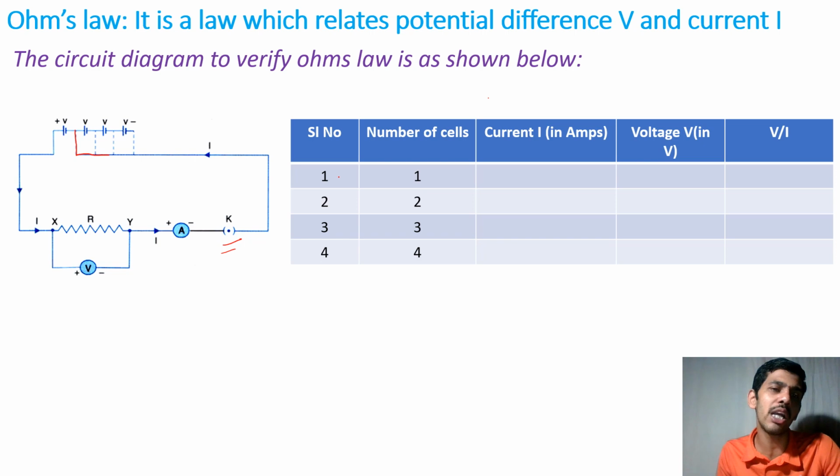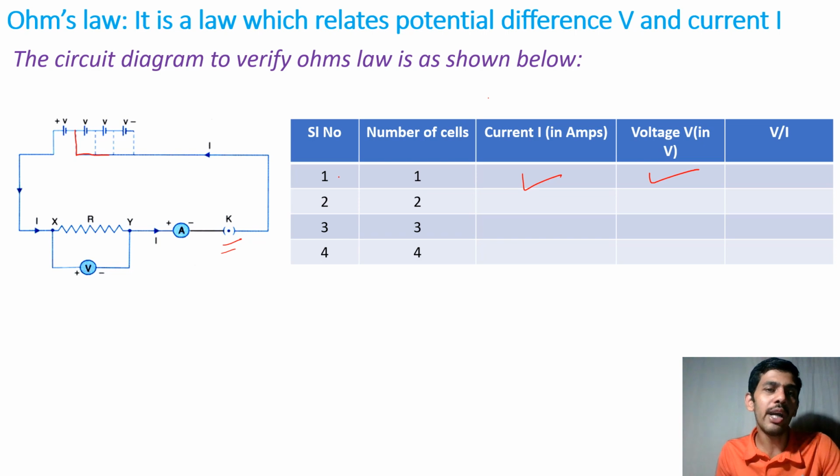If it is analog, it will give some deflections. By finding that deflection, we note down those values. Whatever value you get in the ammeter, you write it here, and whatever value you get in the voltmeter, you write it here. Record the values. The number of cells connected is only 1 for the first trial.